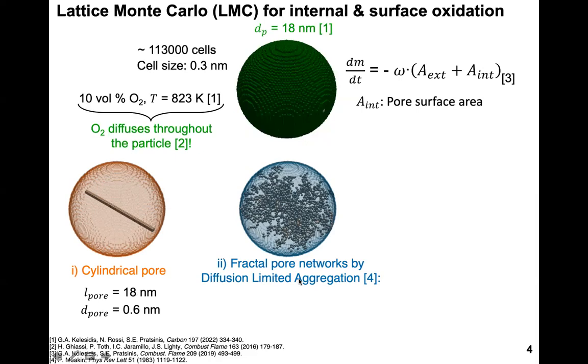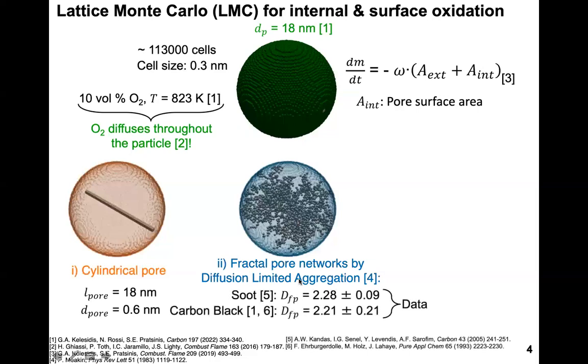For your reference, the fractal dimension measured for pore networks of soot and carbon black ranges between 2.28 and 2.21. So the fractal dimension of 2.21 that we obtained here by averaging over 50 simulated pore networks is in excellent agreement with this experimental data.